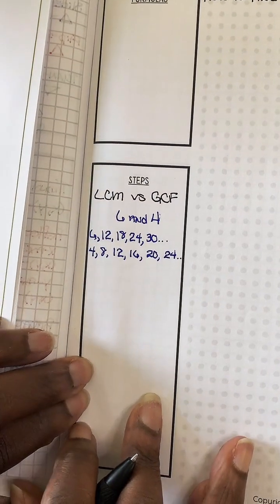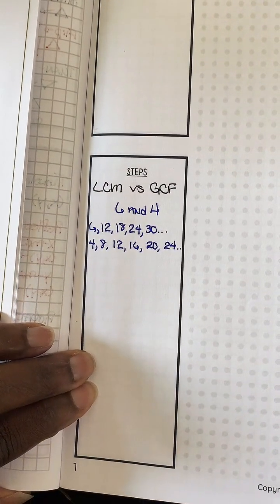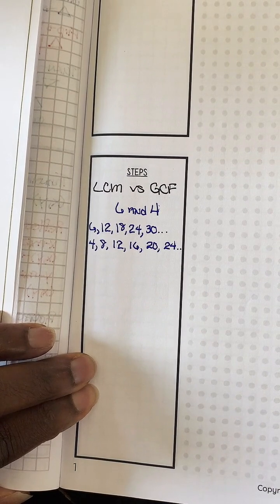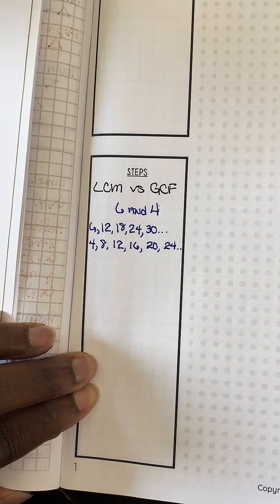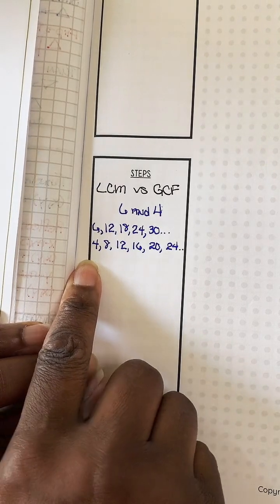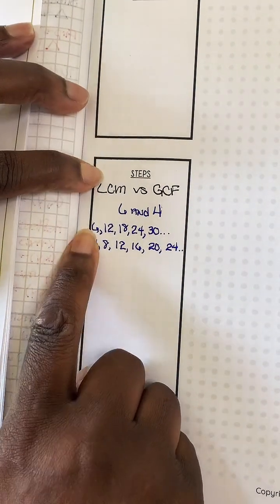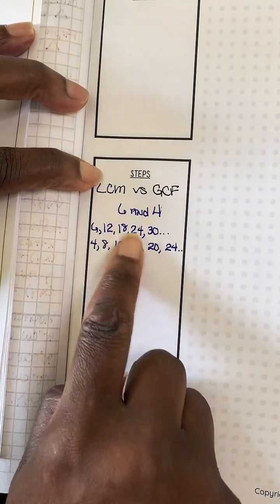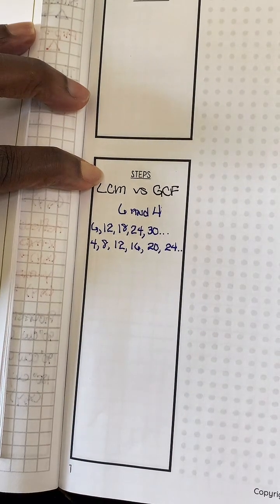So when we're trying to find the LCM, we're looking for the least common multiple. All right? So we are basically saying, if we take a look at my 6s and my 4s and multiples, yes, they have 24.